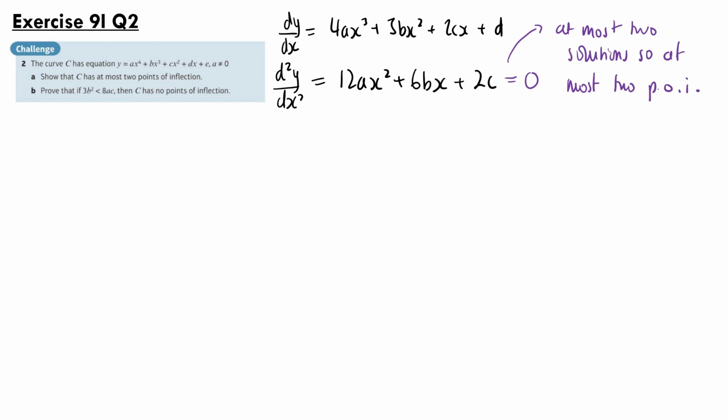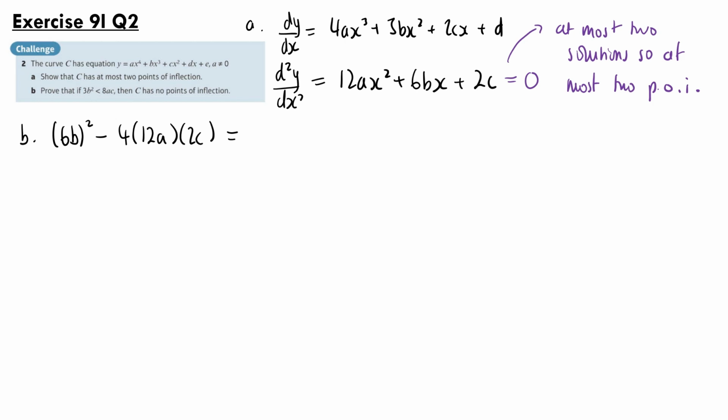Now for part B then, we need to prove that if 3b squared is less than 8ac, then C has no points of inflection. So if we have no points of inflection, then that means we have no solutions to the quadratic. So the discriminant, which is b squared, which in this case is 6b all squared, take away 4ac, so 12a times 2c.